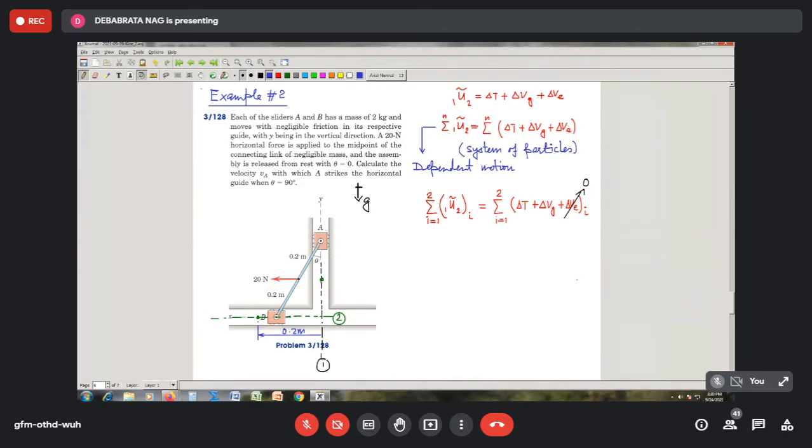Point A comes here and this is the position of point B, so the midpoint moves 0.2 meter. This force is of constant magnitude and always acts in the horizontal direction.